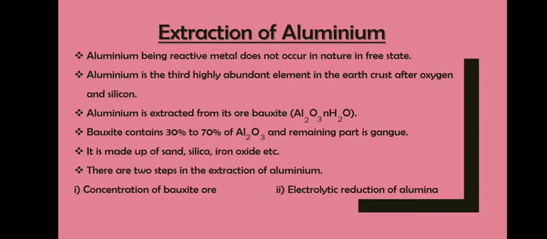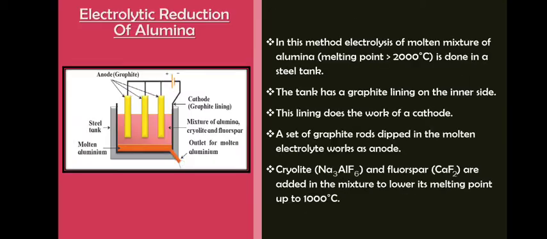Now we will study the second step, that is electrolytic reduction of alumina. In this method, electrolysis of molten mixture of alumina is done in a steel tank. You can see the steel tank, correct? The tank has a graphite lining on the inner side. You can see the black lining over there.